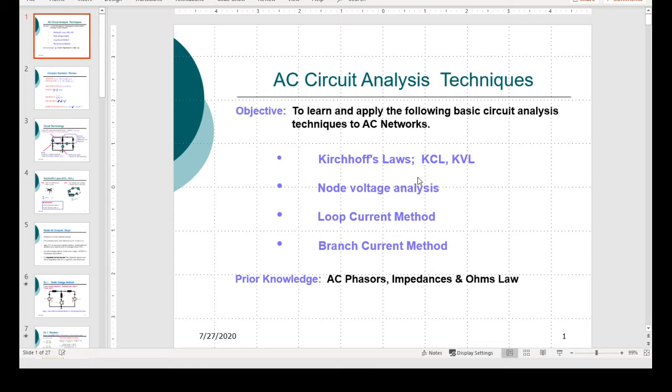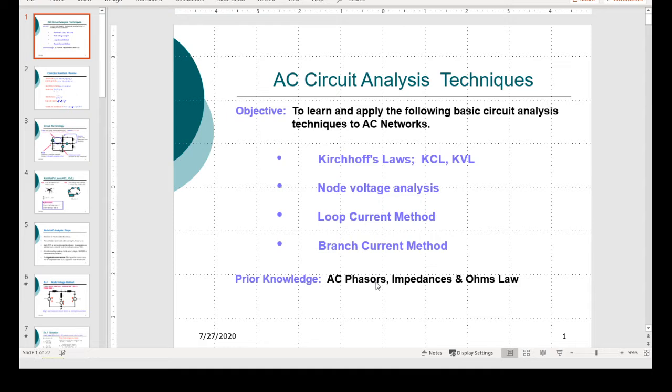These two techniques are based on the well-known laws of Kirchhoff's current law and Kirchhoff's voltage law. Please note that what we learned in electrical engineering 1 when we were dealing with DC circuit analysis applies to AC circuit analysis.